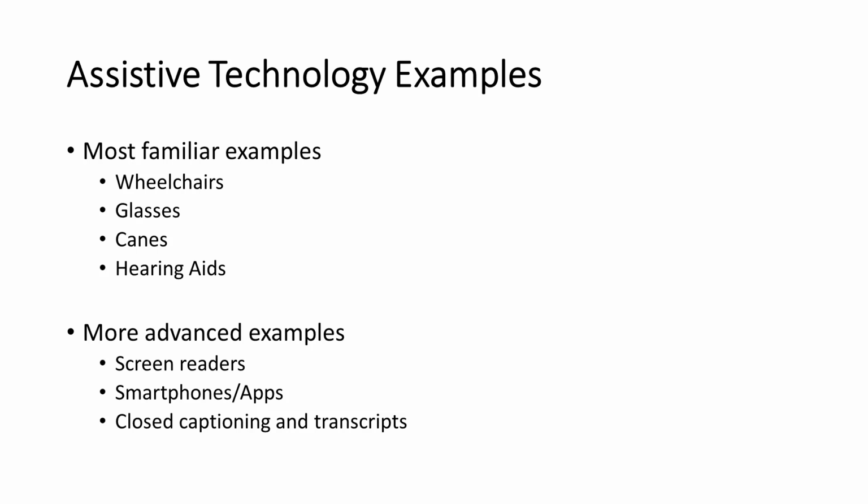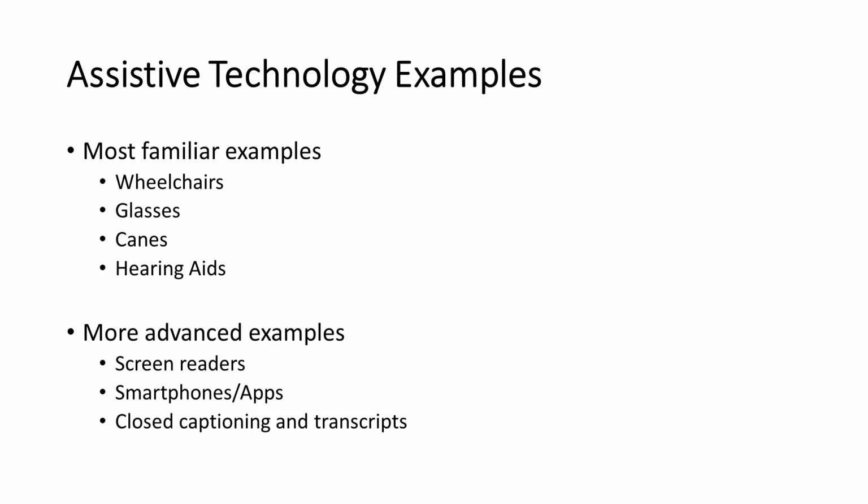Many new technologies are allowing people with disabilities much greater access to interacting and communicating in general. For example, many people with low vision or blindness may rely on screen readers. A screen reader is a program that reads what's on the computer screen, and it allows them to navigate with a keyboard.